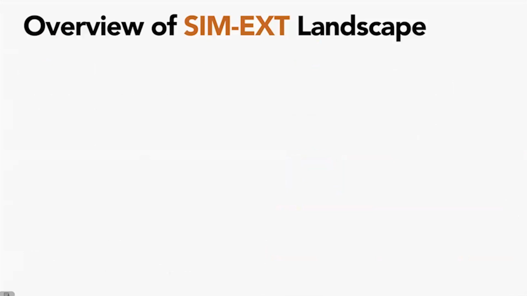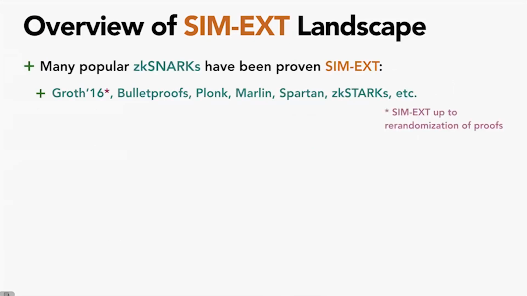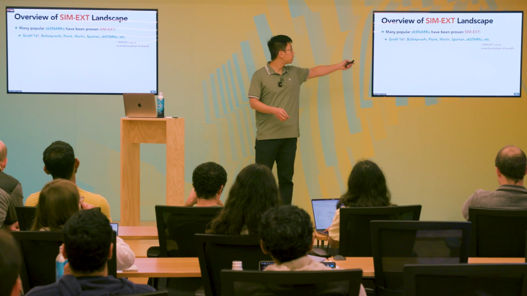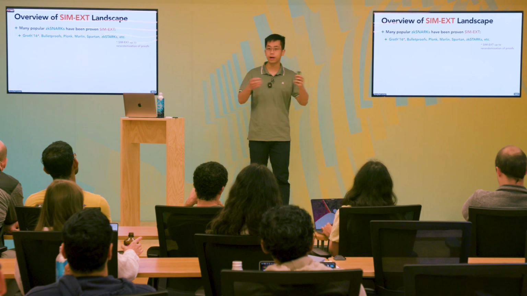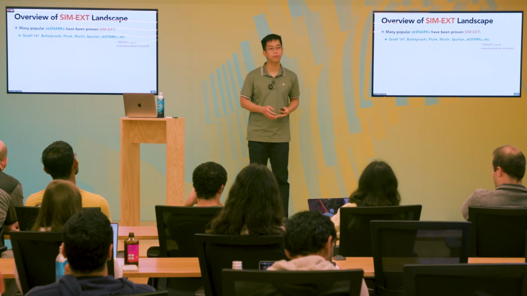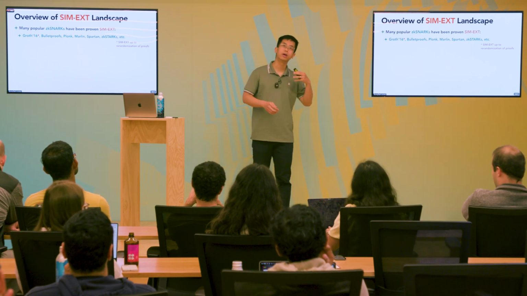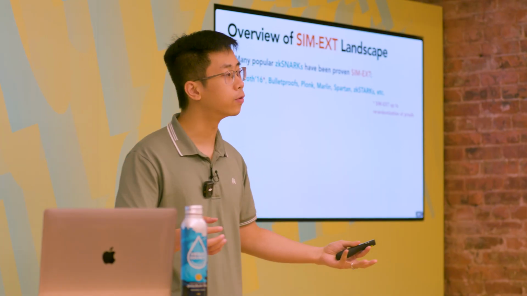So let me give you a very quick overview of where we are in the context of simulation extractability. At the moment, there are many popular zkSNARKs that have been proven to be simulation extractable. This list includes, say, Groth16, Bulletproofs, Plonk, Marlin, and Spartan, and so on, with the exception that Groth16 satisfies a somewhat weaker notion of simulation extractability, where given a proof, you can re-randomize that proof, but up to that, you cannot do anything else.